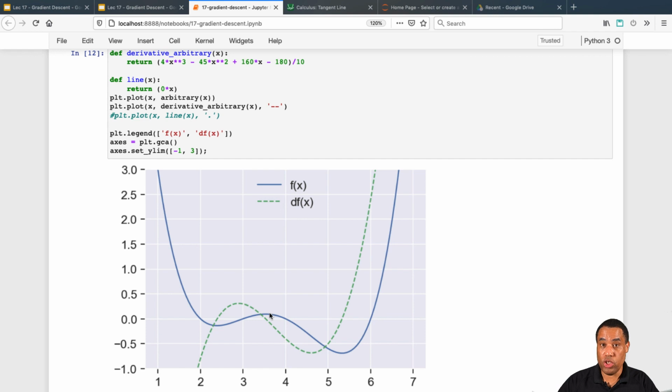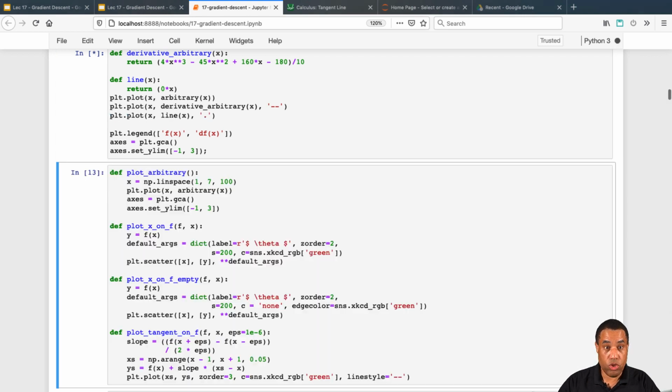As we approach a local maximum, again, it goes back to 0. And then as we approach our global minimum, to the left, it is negative. We hit the minimum, it's 0. And when we go to the right of the minimum, it goes positive again. Now, to help you actually see the points that are interesting here, there's 3 of them.